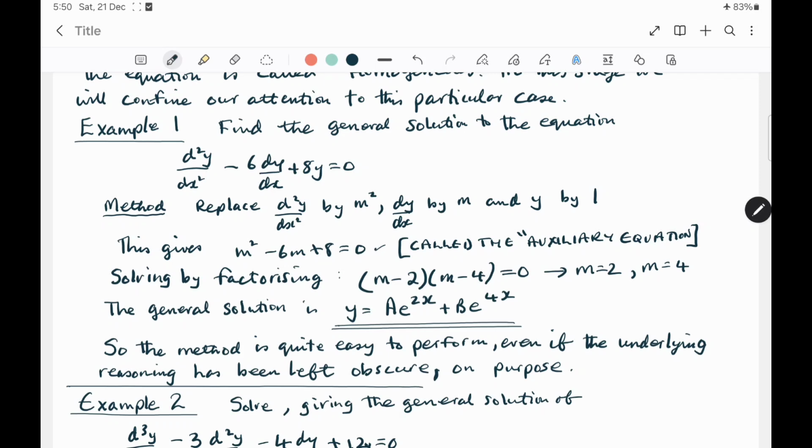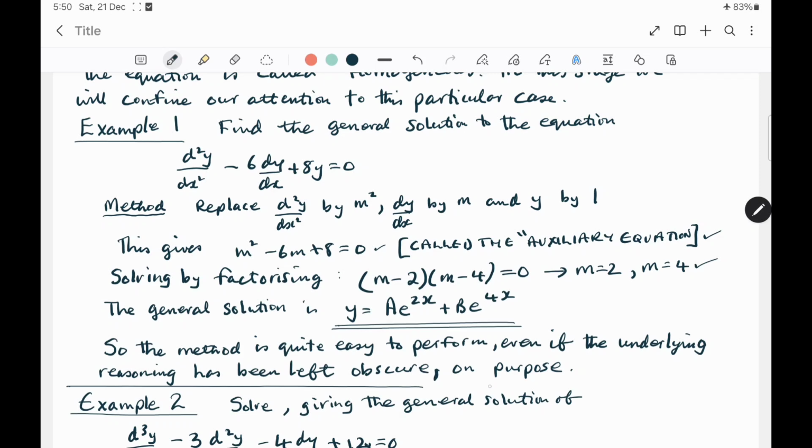So we're down to here. And this is known as the auxiliary equation. Now, that's just an ordinary algebraic equation, which can be factorized. And the factors here are m minus 2 times m minus 4 equals 0. So m is 2 or m is 4. And the general solution can then be just written down as y equals ae to the power 2x plus be to the power 4x.